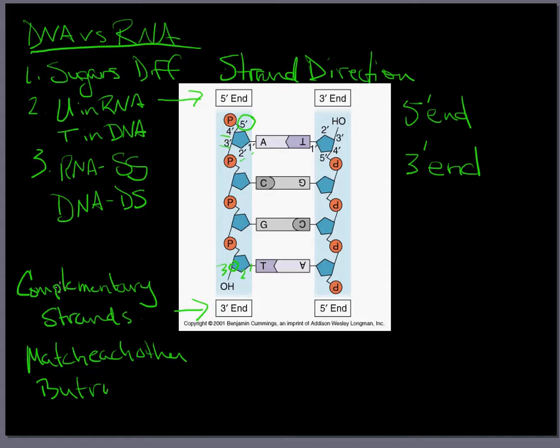That's part of the match. That's part of them being complementary to each other. So you can see the matching side to the 5' end on the other strand is the 3' end, and the matching side to the 3' end is the 5' end.